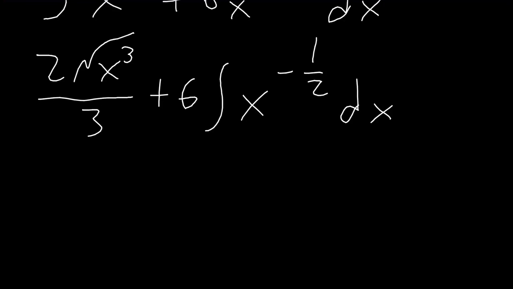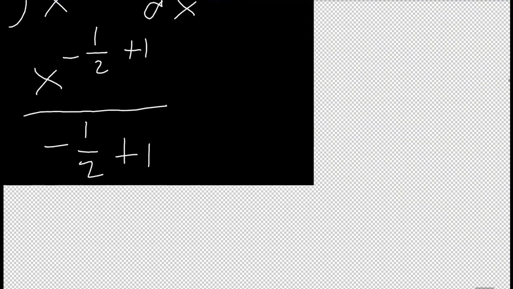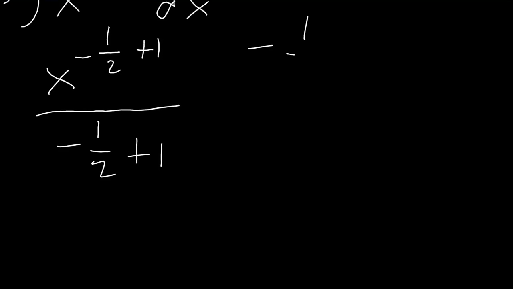Okay, so if we use the power rule on this, it's going to be x to the power of negative a half plus 1 over negative a half plus 1. So this is really just getting common denominators. It's going to be negative a half plus 2 over 2, which is equal to a half.